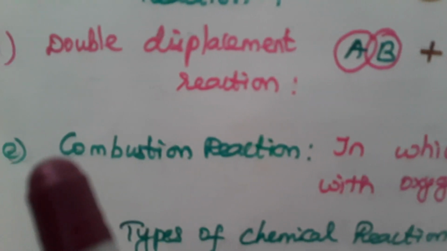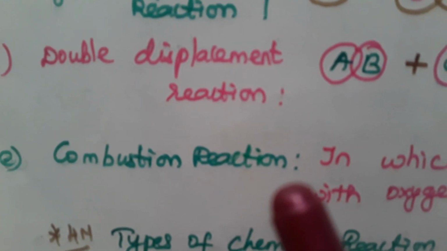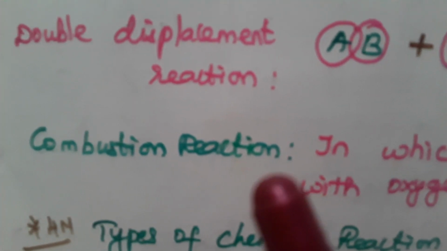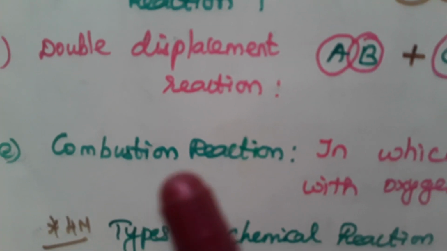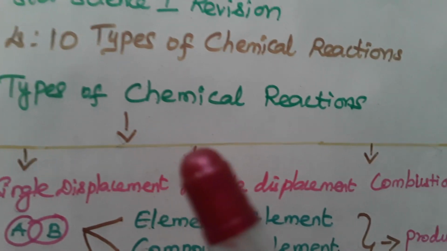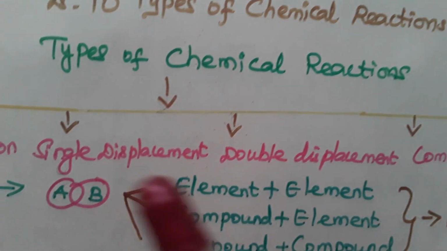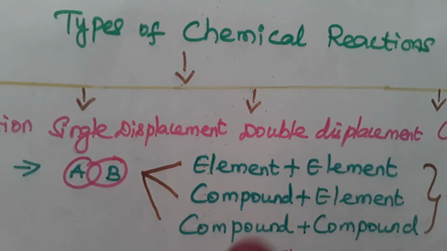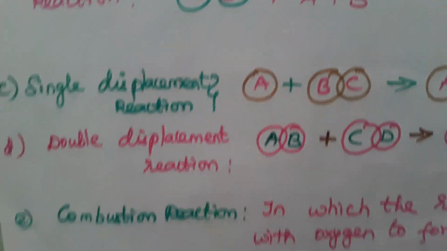This type of reaction is called combustion reaction. For a combustion reaction, oxygen supply is a must. Students, so far what we saw, these types of chemical reaction are very important 5 marks. So learn thoroughly with the examples.